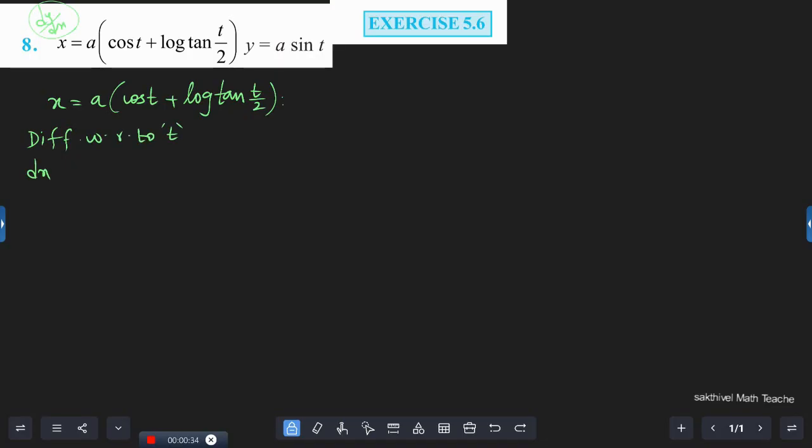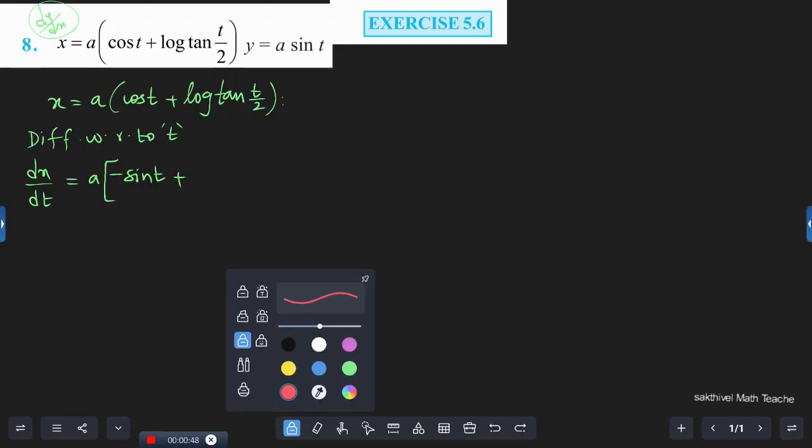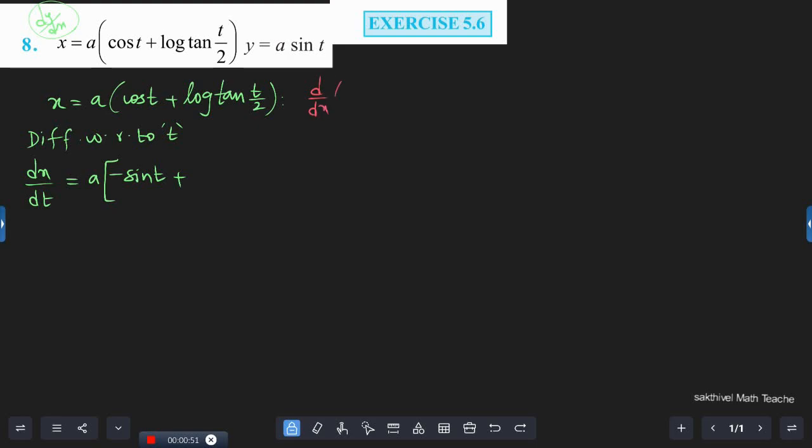So dx divided by dt is equal to a into the derivative of cos, which is minus sin t, plus the derivative of log. The derivative of log x is 1 divided by whatever we have inside. Here instead of x we have tan, so when you differentiate log tan, 1 divided by tan t divided by 2.